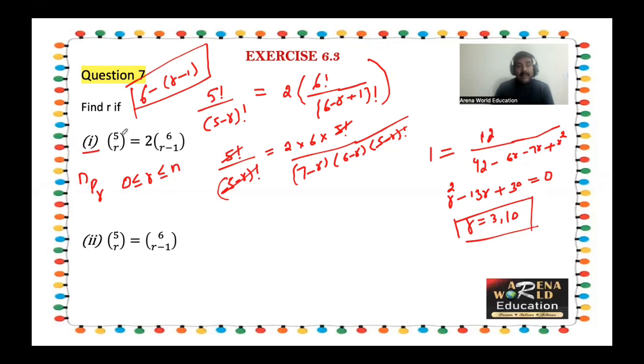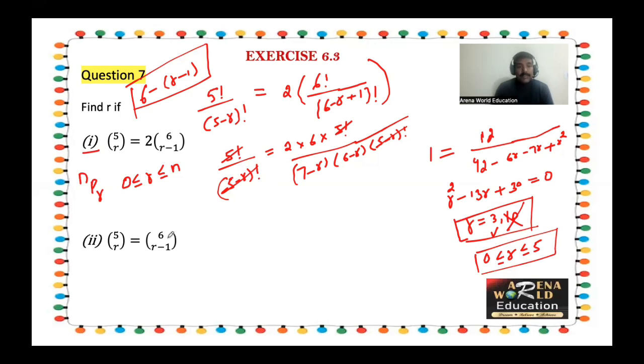So you can see here n is 5. So what is the condition for this r? r will be less than or equal to 5. So 3 will be accepted, but we will reject 10. So answer will be 3, right?